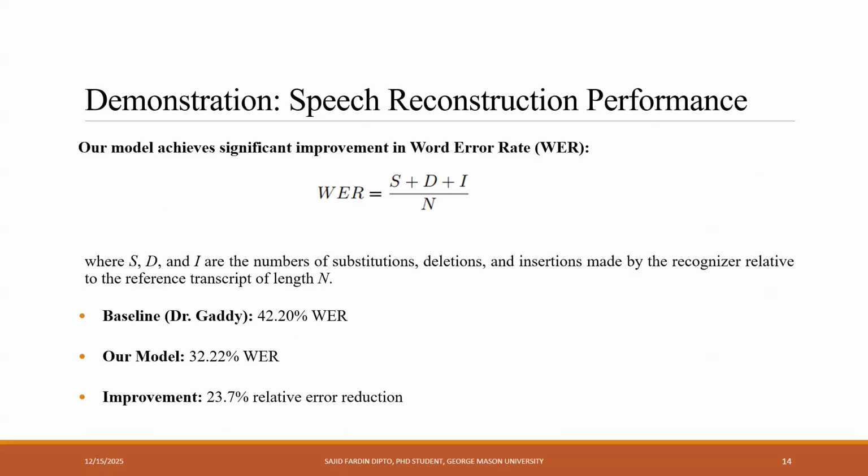Word error rate is the common metric used to measure the quality of the generated audio, where S, D, and I are the numbers of substitutions, deletions, and insertions, and N is the reference transcript length, or the total number of words. We can see that our proposed model improved by 23.7% relative error reduction.